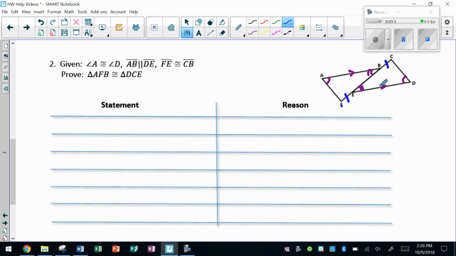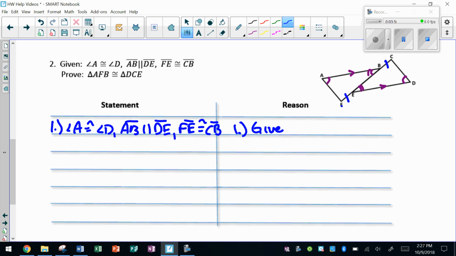So how are we going to do this? The first thing we're going to do is state our given. In step 1, we have angle A is congruent to angle D, AB is parallel to DE, and FE is congruent to CB. That is all given. Then I'm going to get those alternate interior angles out of the way before I forget them.